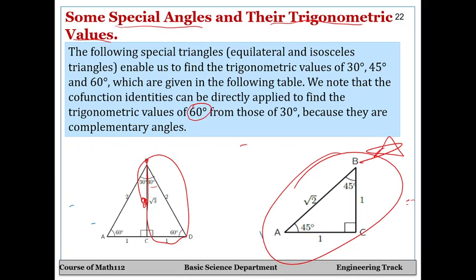Always like 30 corresponds to 1, 60 to square root 3. There are also several ways of memorizing them. You can check it out from YouTube and just Google it, and then you will see lots of ways of memorizing it.